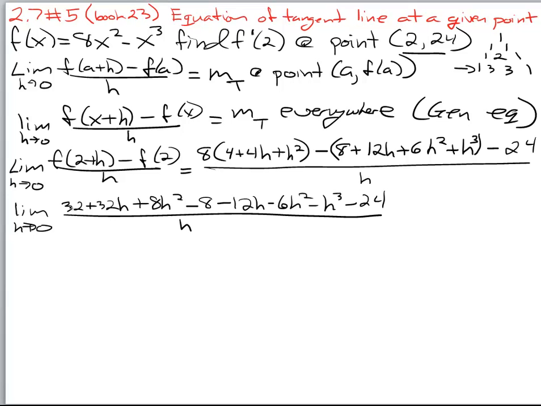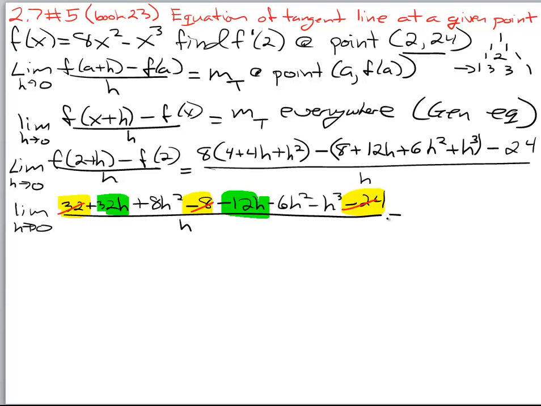So now we can combine like terms, right? We've got a 32, a minus 8, and a minus 24. So those cancel, right, when you add them all together. Then we have 32h minus 12h.